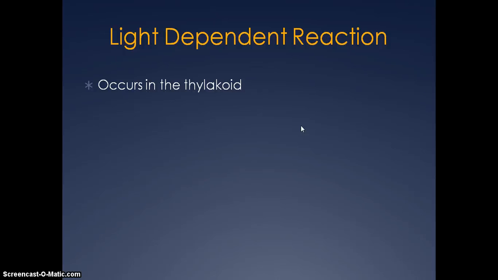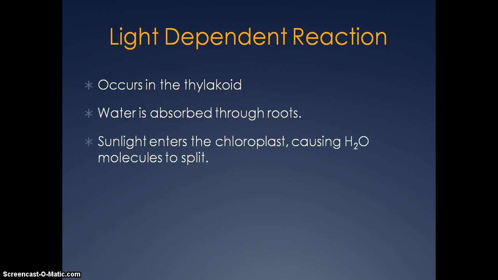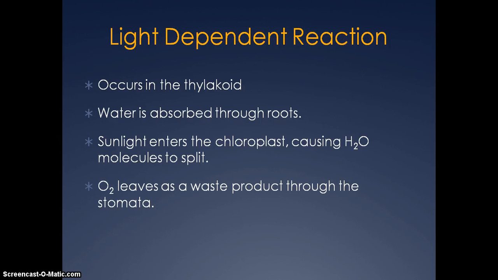So this is a summary. The light dependent reaction happens in the thylakoid. Water is absorbed through roots, and sunlight enters the chloroplast, causing water to split into oxygen and hydrogen protons.